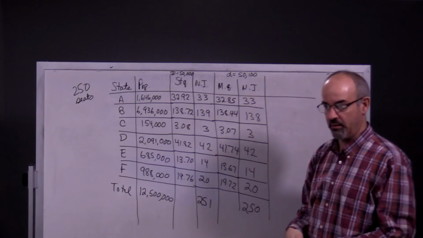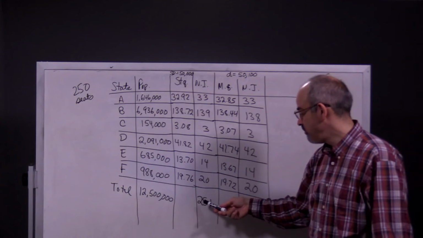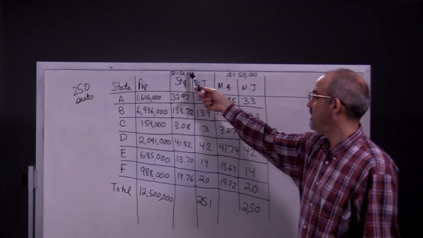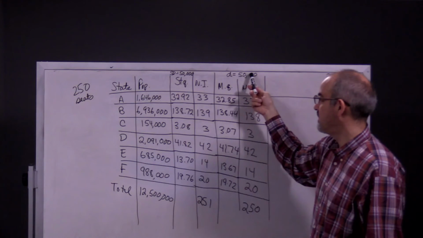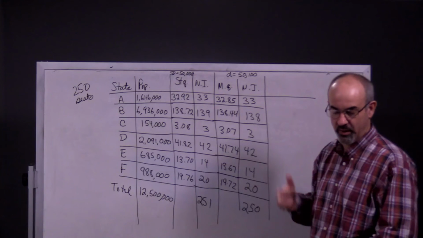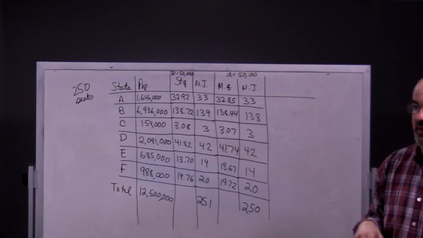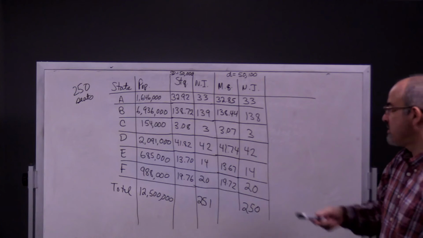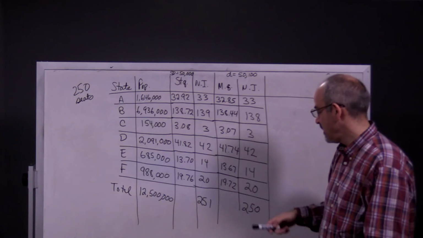Then if it works, you're done. If it gives you more seats than you need, you change the standard divisor into a suitable divisor.